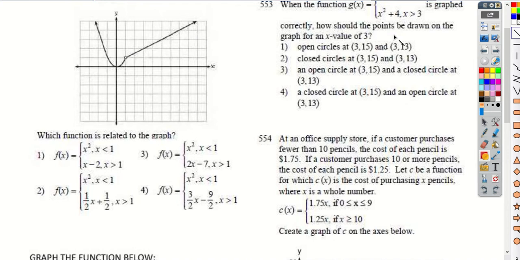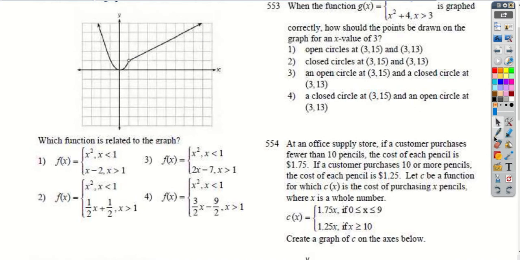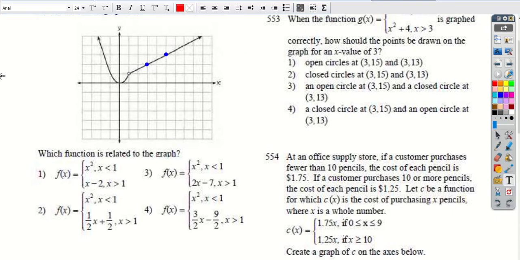Because that's essentially my slope. And if you notice, I can actually pick 2 points that are on the line and calculate the slope. So if I remember, slope is equal to rise over run.